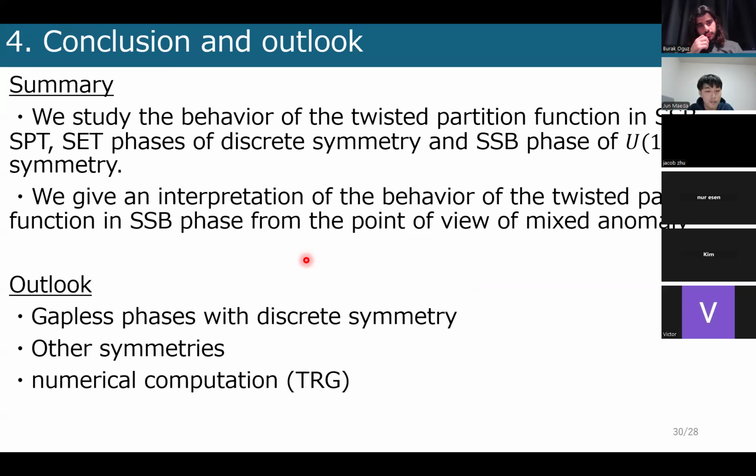Such a (d+1)-dimensional G gauge theory has a Dirichlet boundary condition, and it also has a Neumann boundary condition.